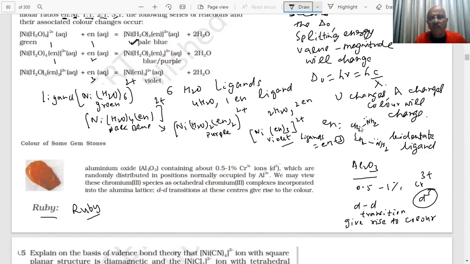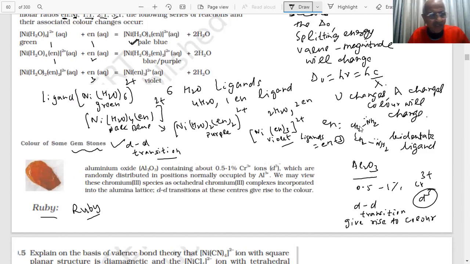These are the gemstones I'm talking about. The color of gemstones is due to the presence of transition metal ions, which undergo d-d transition because they form complexes, and there will be splitting of the d orbitals. They absorb light, and complementary colors are what we observe.